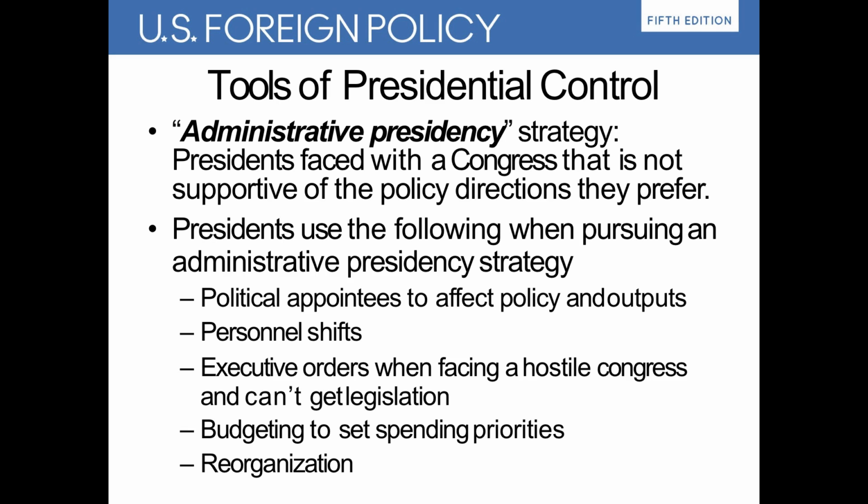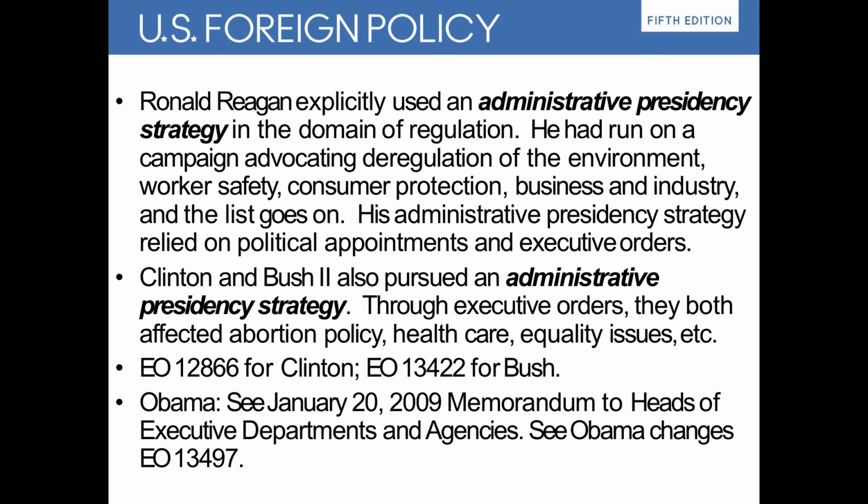So President Bush, the second President Bush, was the president that oversaw the creation of Homeland Security. He absolutely demonstrated an administrative presidency in terms of foreign policy. Here are some other examples of that, starting with Ronald Reagan. So you had Ronald Reagan using this strategy too, followed by Clinton, and I already mentioned Bush too.